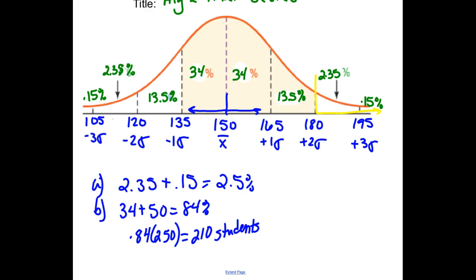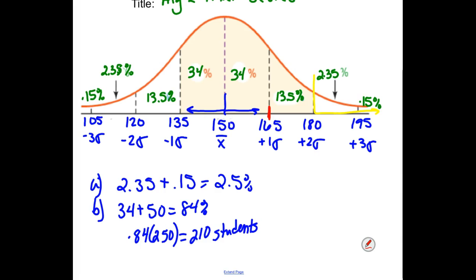What interval would that be for my scores? Okay, so I'm somewhere in this chunk. Okay, so for part C, I'd say scores between 165 and 180 would be your B's. Does that make sense?